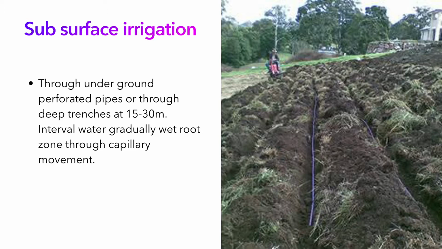In our subsurface irrigation system, the whole system is underground, and the pipe which we use in this system has been buried inside our ground. It is a perforated pipe, which means the pipe has holes on its upper surface so that water could come out from it, and the roots of our plant use that water through capillary movement.